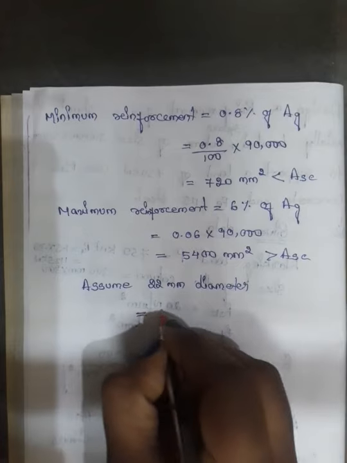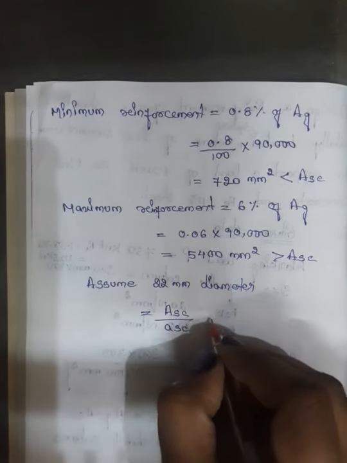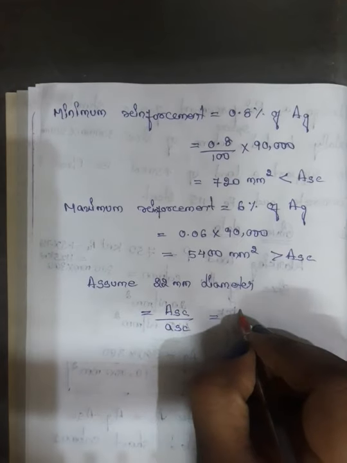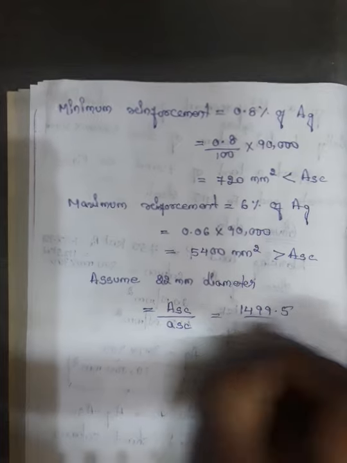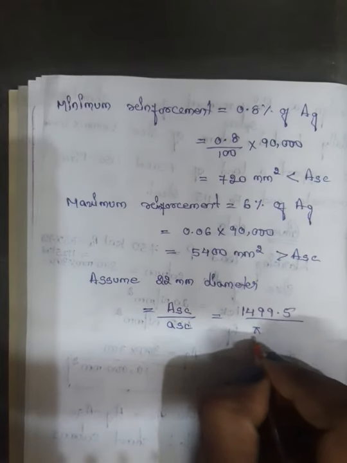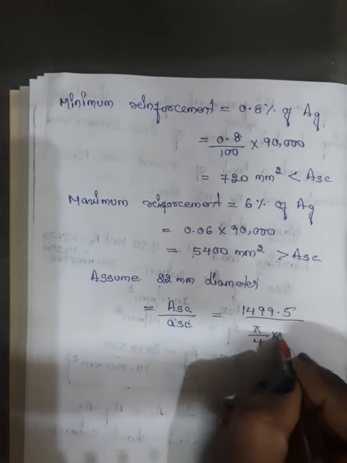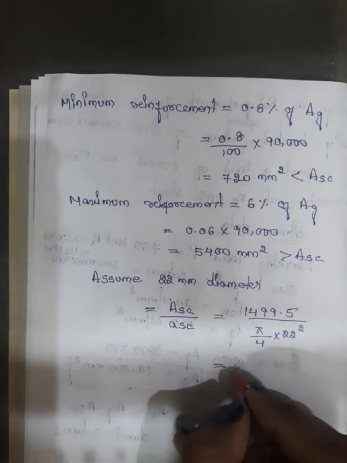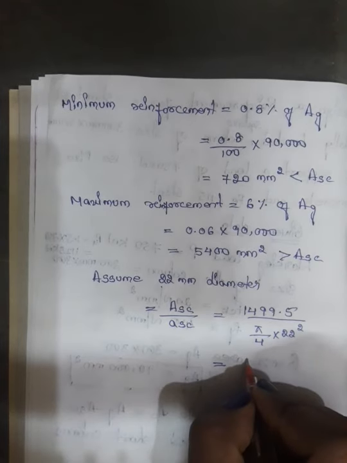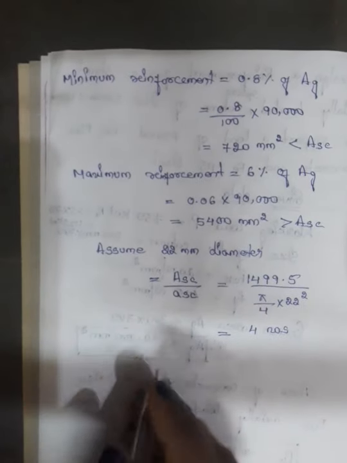Number of bars is equal to capital Asc by small Asc, where capital Asc is what we have calculated, 1499.5, and small Asc is pi d square by 4, where d is 22 mm which we have assumed. Therefore the number of bars we get is 3.9, which is nothing but 4 numbers.